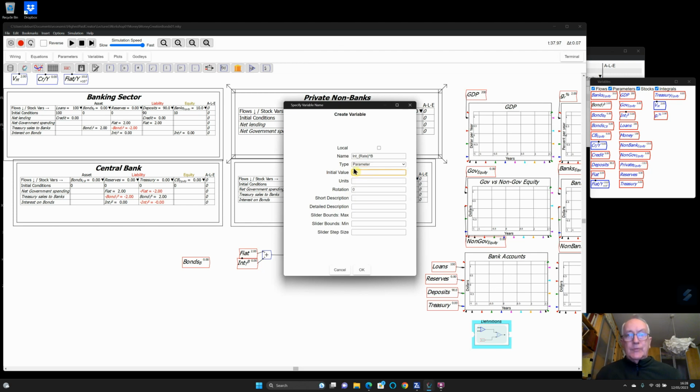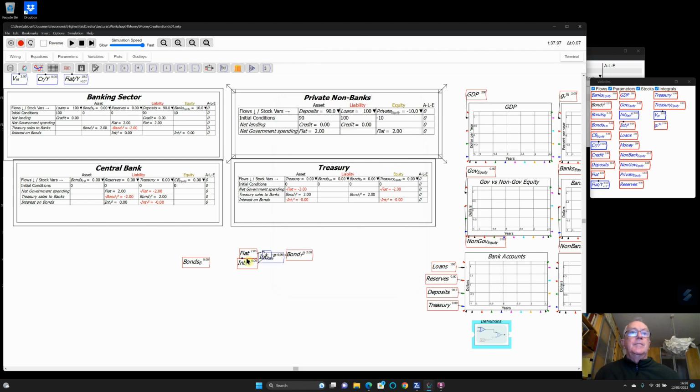Give it a value of 0 initially, and I'll explain why I've done that in a moment. Maximum of 20%, minimum of 0 again, and a step size of 1%. So now if I multiply the interest rate on the amount of bonds, currently that's 0, then it becomes interest that's paid on bonds.